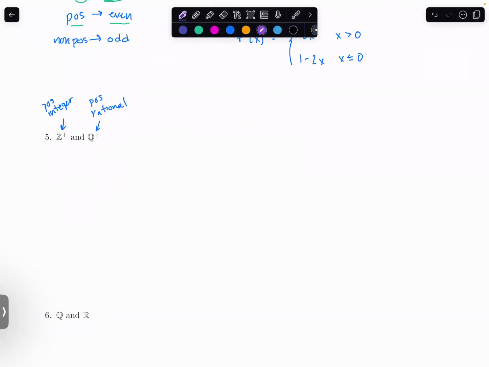Let's pretend that we had lines in a spreadsheet. On the first row, we are increasing the denominator. Rational numbers are the ratio of two integers, so we're going to make a table of all possible rational numbers.